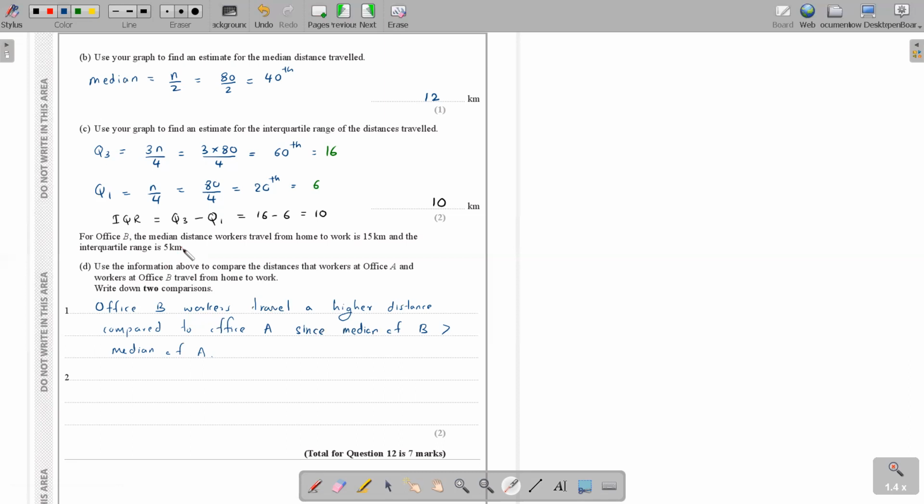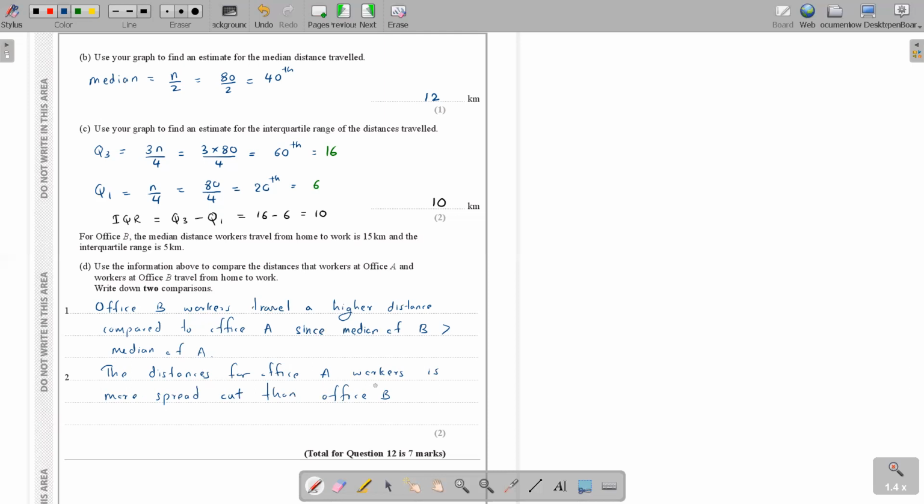You need to write it in a proper way, because if you write it like that, you will not get the mark. So you could say the distances for office A workers are more spread out, or more varying, than office B. Why?